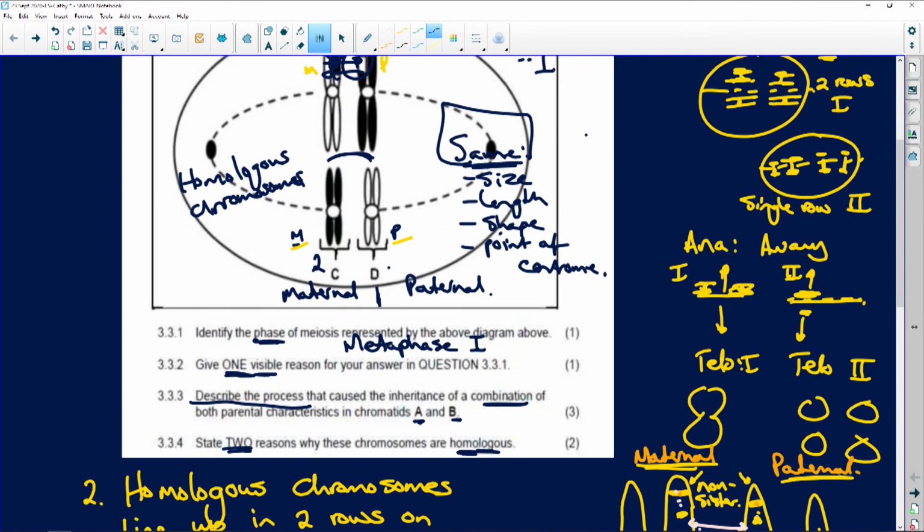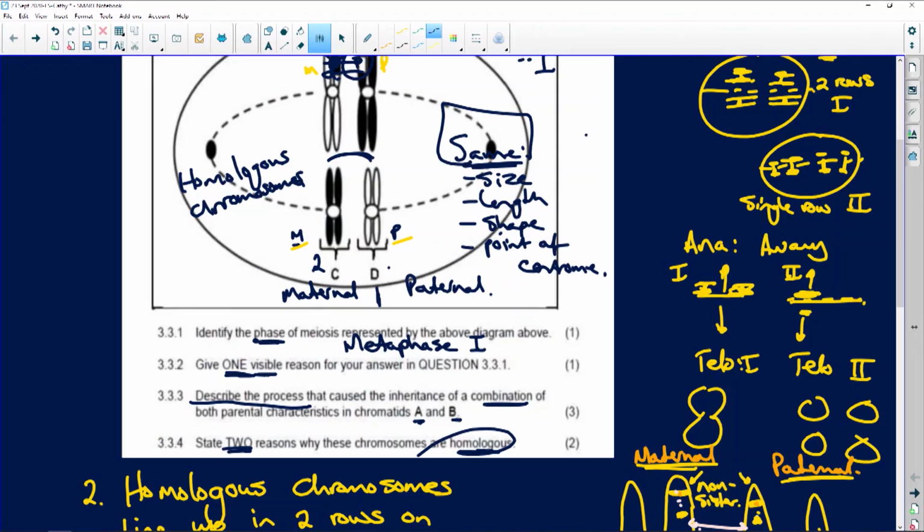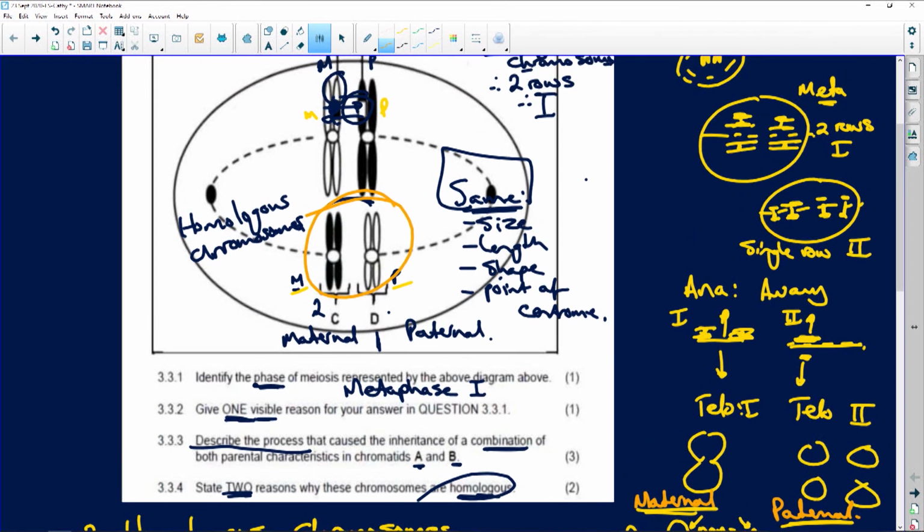So homologous, remember, homo, the same, logos, that they have the same pieces. So the same length, the same shape, the same size, the same centromere point. Okay, and look at these guys. These guys look the same. And if we go up a little bit, these guys look the same. All right, there we go.